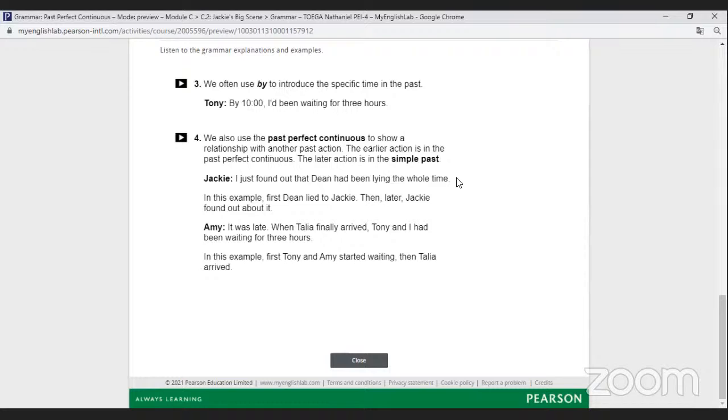In this example, first Dean lied to Jackie, then later Jackie found out about it. It was late when Talia finally arrived. Tony and I had been waiting for 3 hours. In this example, first Tony and Amy started waiting. Then Talia arrived.